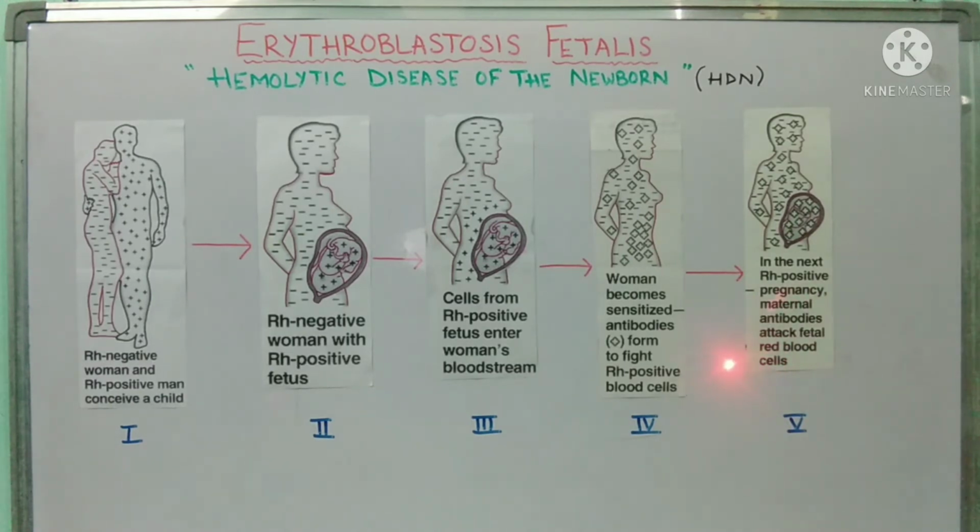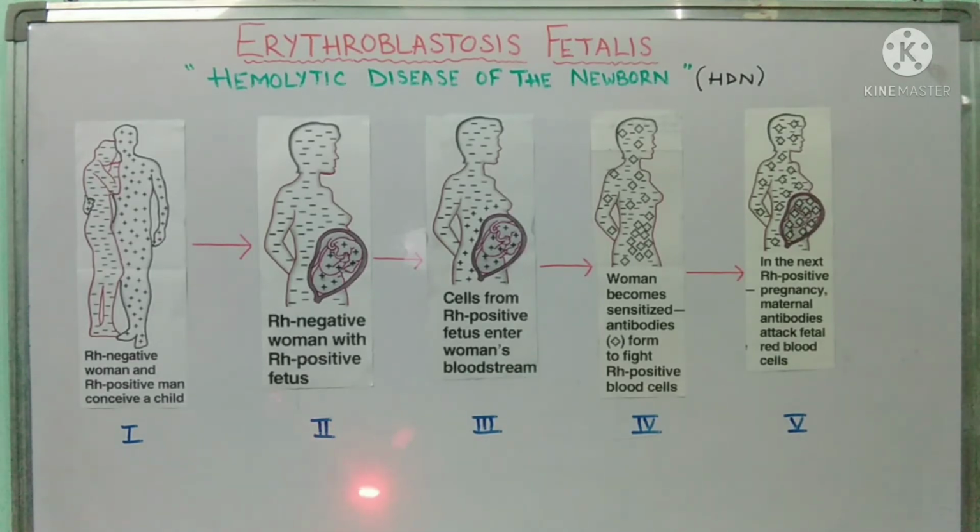In case 5, there is a possibility that in case the mother becomes pregnant again with an Rh positive fetus, maternal antibodies will cross the placenta and attack the fetal RBCs, thereby causing severe hemolytic anemia.